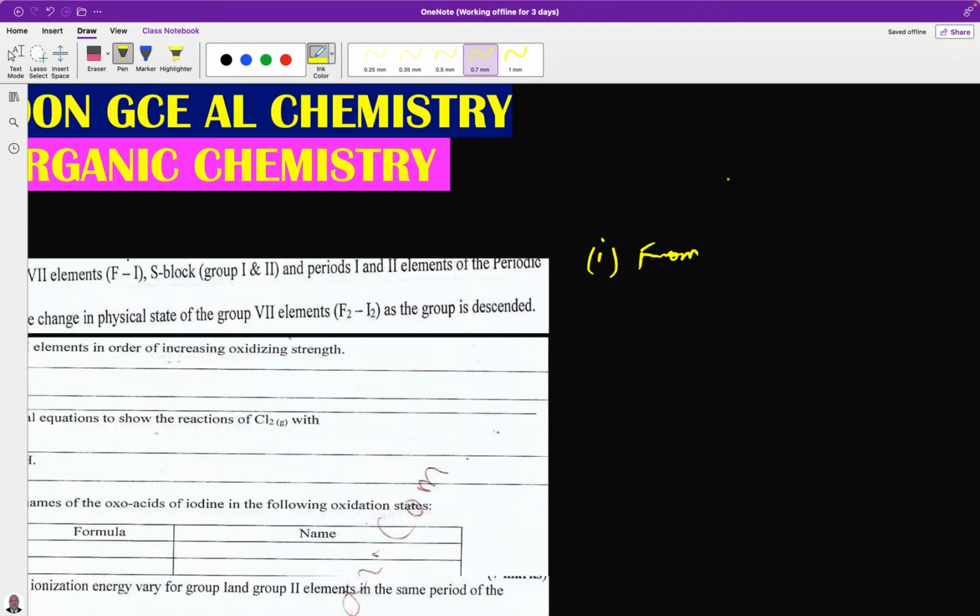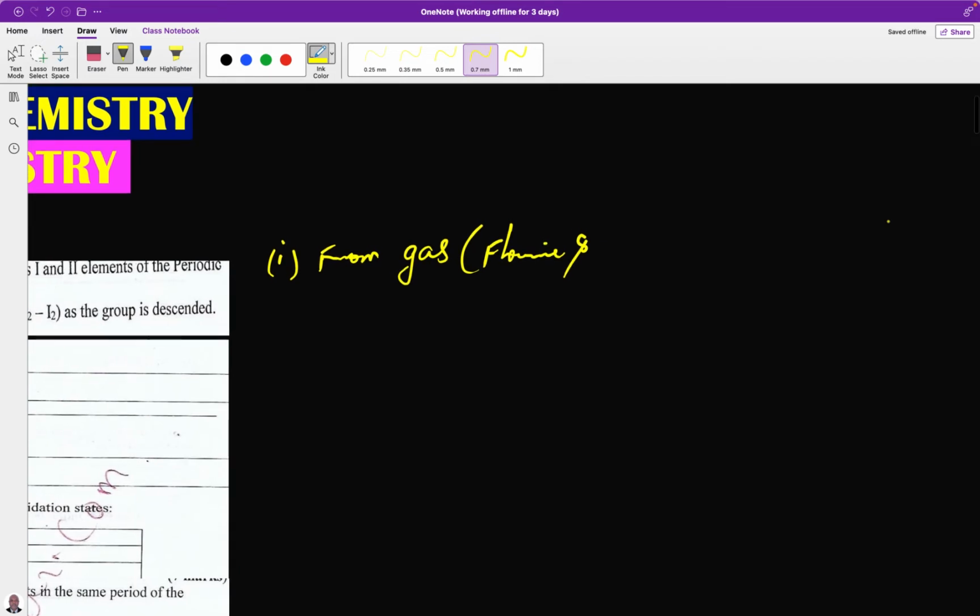Down the group it changes from gas, and the gas is fluorine and chlorine, to liquid.